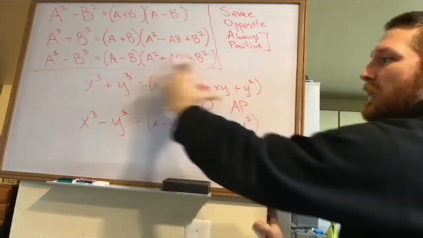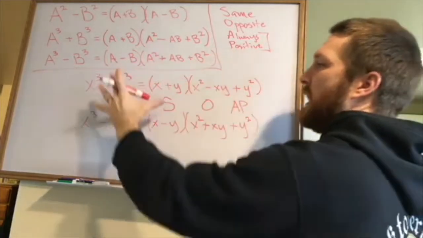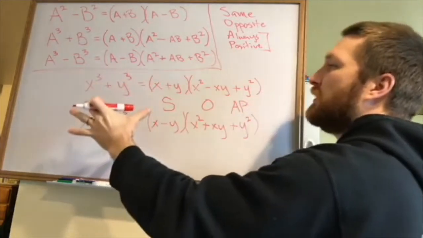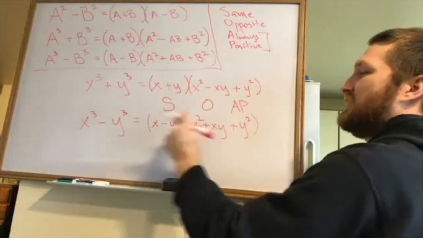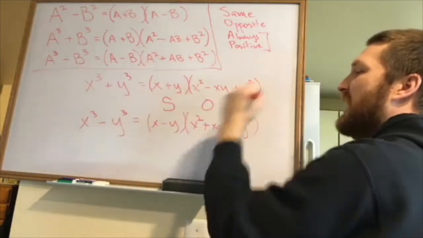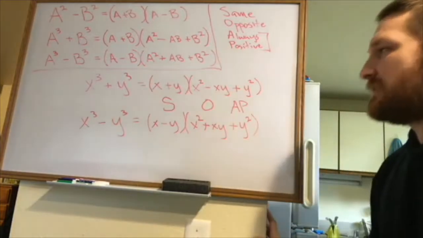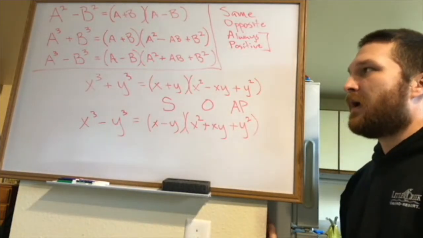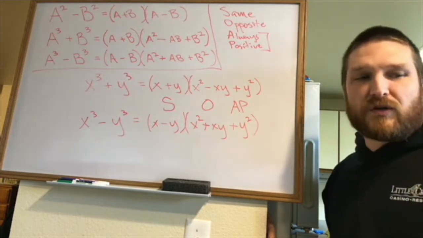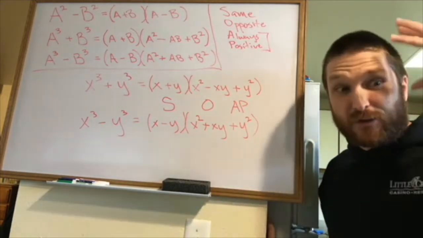If you could do what I just did, if you could write all of this out, starting with the x cubed plus y cubed, x cubed minus y cubed equals, and then fill in your stuff, and then finally fill in the signs, then this is locked in your brain, and you'll get to a point where you don't have to write it down every time. It'll just be in there.